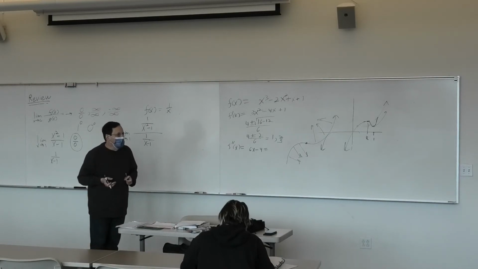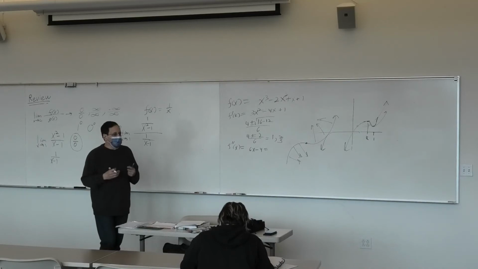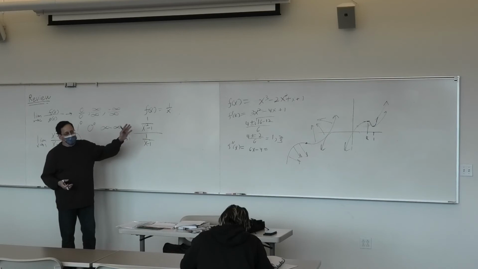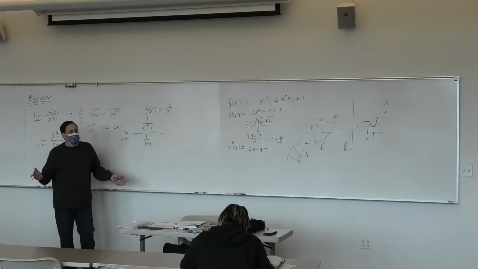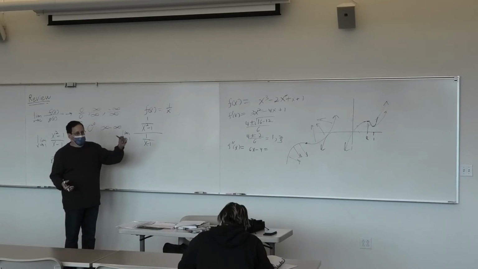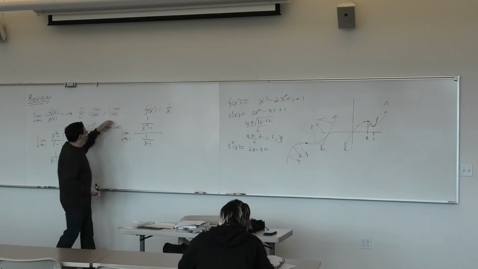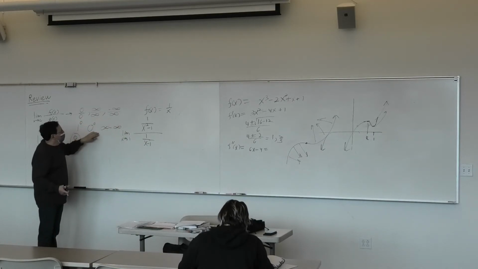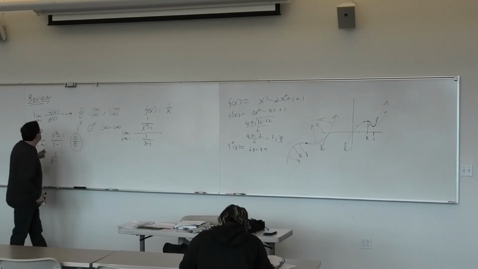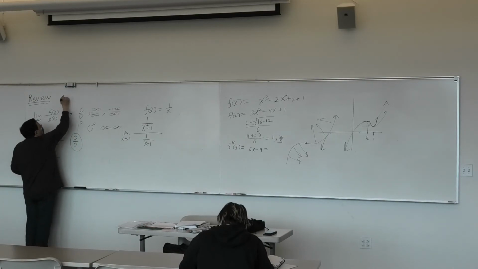At the limit, the function may be undefined, but we don't care, because that's not a problem for limits. The question is, what is it getting close to as it gets close? So once we identify one of these indeterminate forms, then we know we can apply L'Hopital's rule.